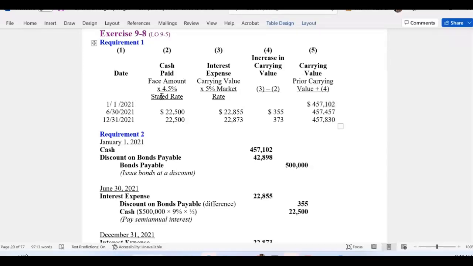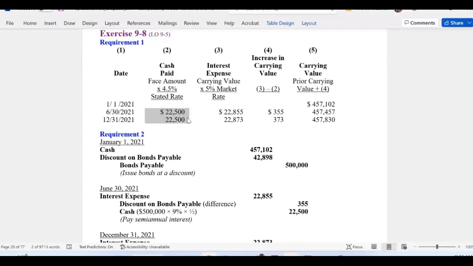And the stated rate says 9% divided by 2, which is 4.5%. So 4.5% times 500,000 is $22,500 every 6 months, no matter what. $22,500, which is 4.5% times 500,000.